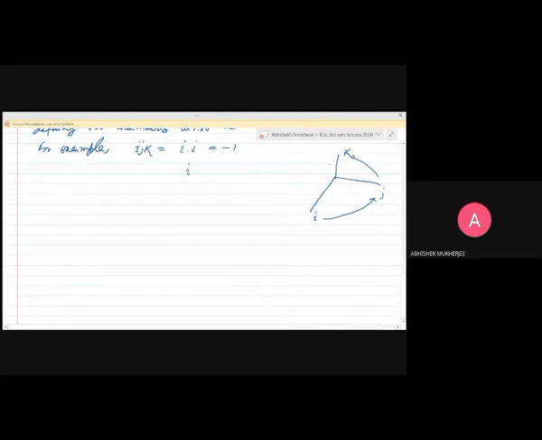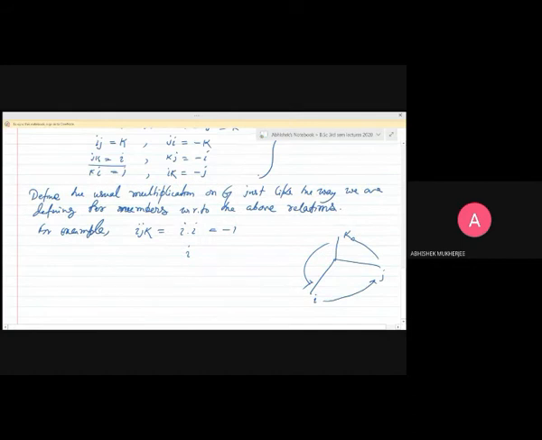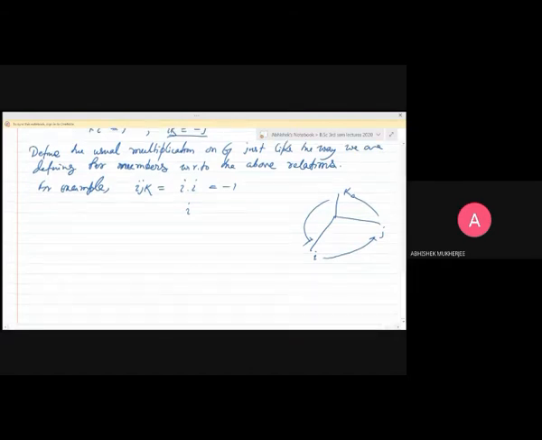If you take jk, then it will give you i. Now if you want to reverse the order, that is if you start from i then go to k, then it will give you minus j. So whenever you are reversing the cyclic order, it will give you a minus. Okay, fine.